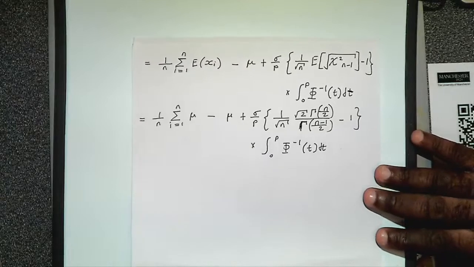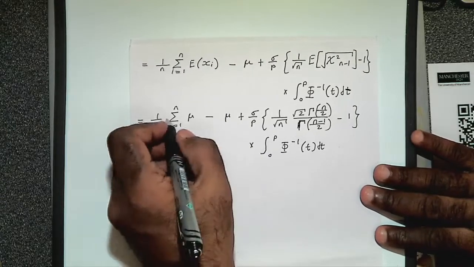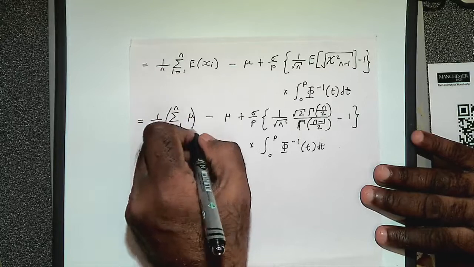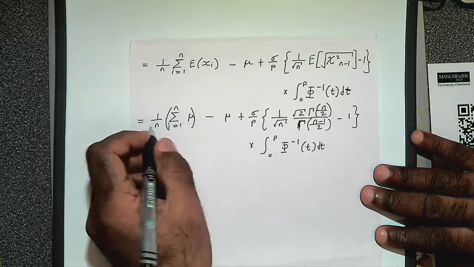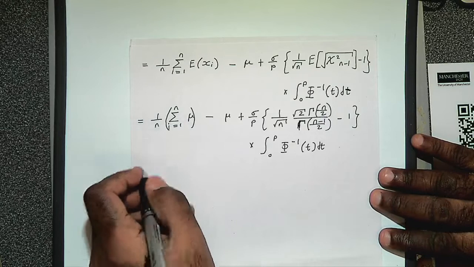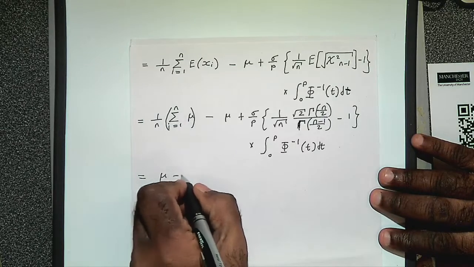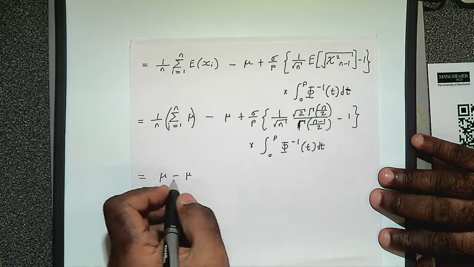you guys following me or no? Let me know if you can't. Now what you have here is n times mu, right? Because the sum of mu is n times mu. So n times mu divided by mu is mu. So you have mu minus mu, which should cancel.